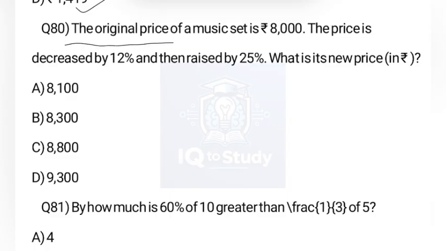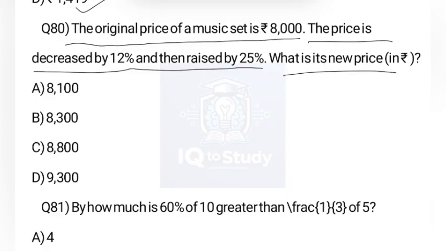The original price of a music set is 8,000. The price is decreased by 12% and then raised by 25%. What is its new price?